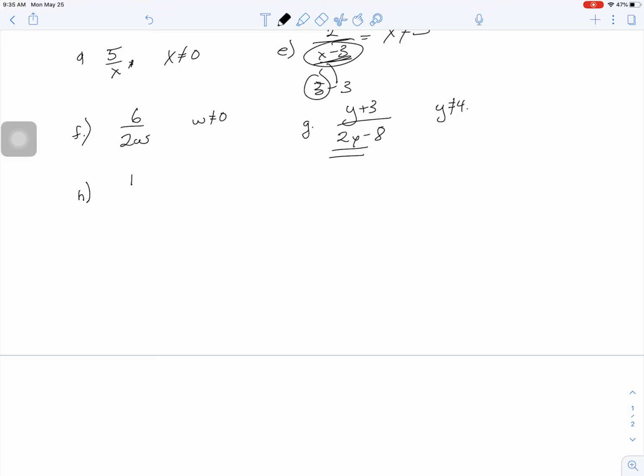H, remember when you have a squared, it can mean two different numbers. So 16 over x squared minus 4. We don't want to make it so that it's a 4, so x cannot be plus or negative 2. And the last one, I, 3ab over c. Again, very simple. C cannot equal 0.